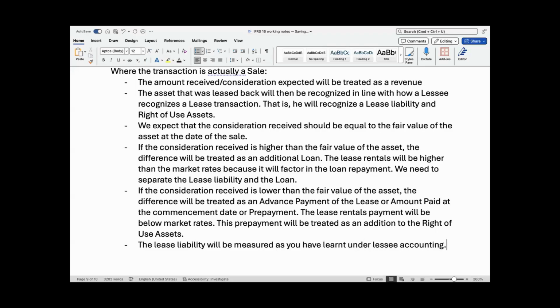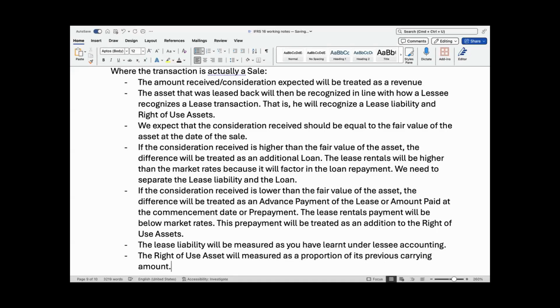There won't be any difference, just the same way I've taught you, except where you have to remove the loan from it, where consideration received is higher than the fair value. But the right of use asset now, we have to be very careful here. The right of use asset will be measured as a proportion of its previous carrying amount.